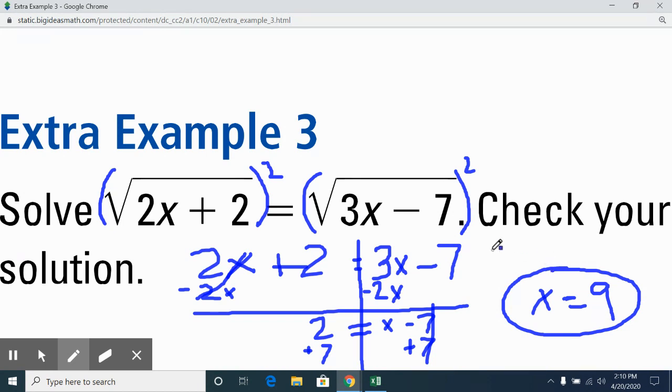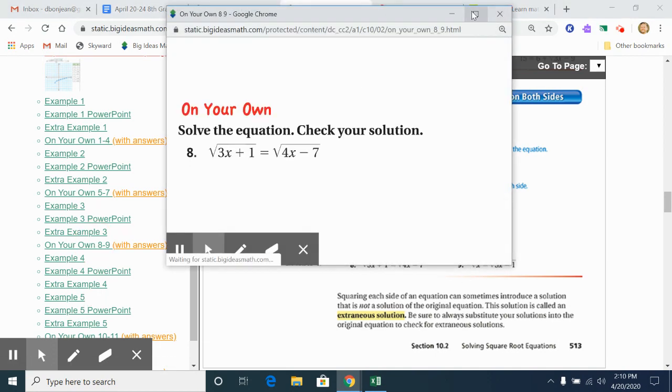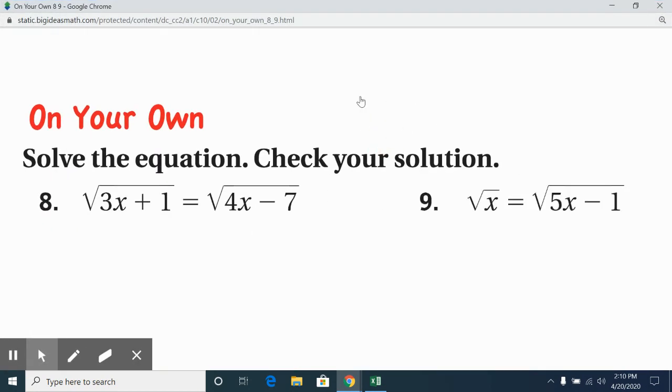As always, you can go back and check your solution, plug it in, and you should be good to go. These should end up being equal to each other. So again, if you can solve equations with variables on both sides, which you should be able to, this shouldn't be too hard. Let's have you guys give it a shot quick. So here are two examples where you can try it.